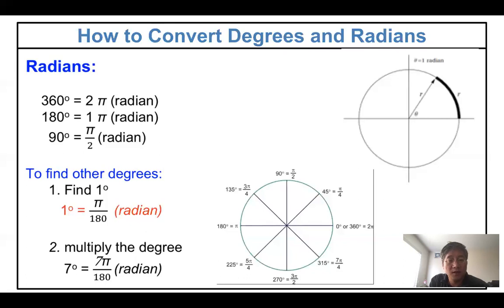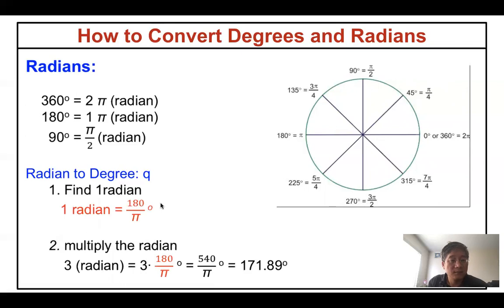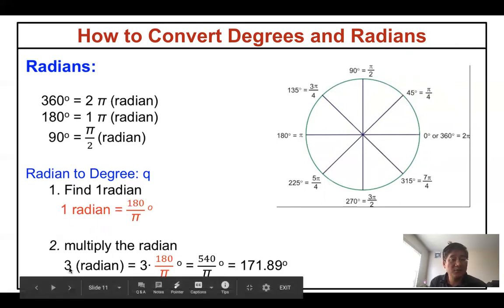Do you understand how to get the radian? So radian to degree, 1 radian: 1 pi divided by 1 pi is 1 radian, right? So 180 divided by pi. That's 1 radian. If you want 3 radians, you multiply this 1 radian by 3.